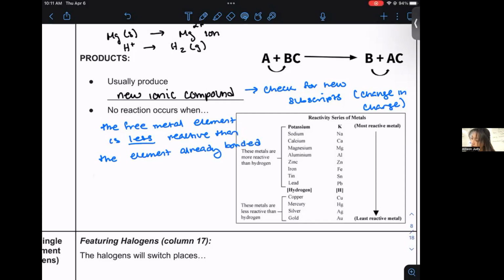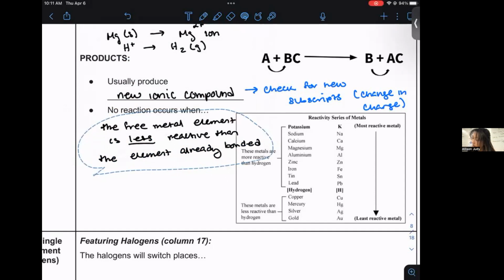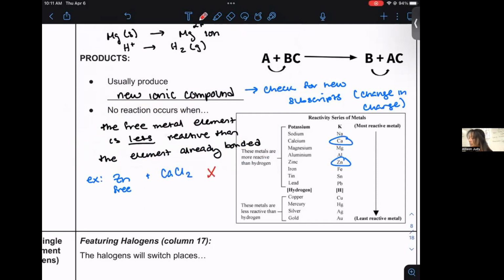Okay, so for example, calcium and zinc. If I have free zinc, and I have calcium chloride, this reaction would not occur because zinc is less reactive, less desirable than calcium.